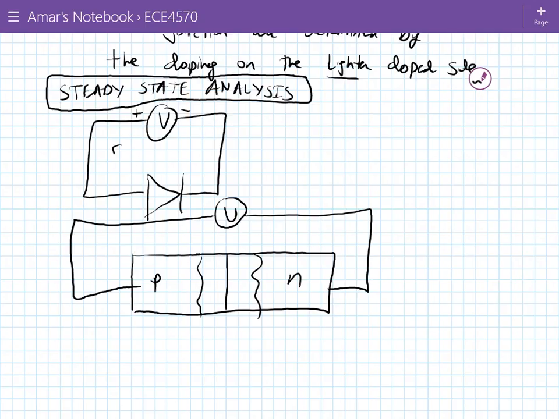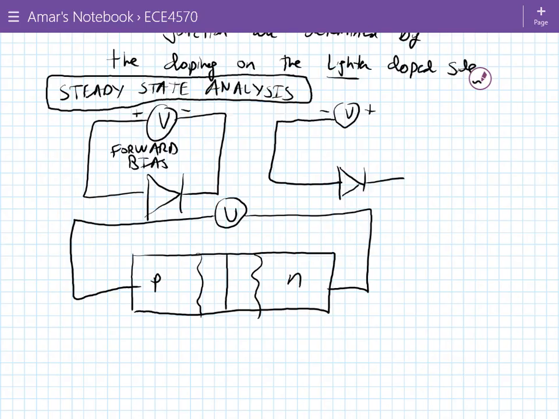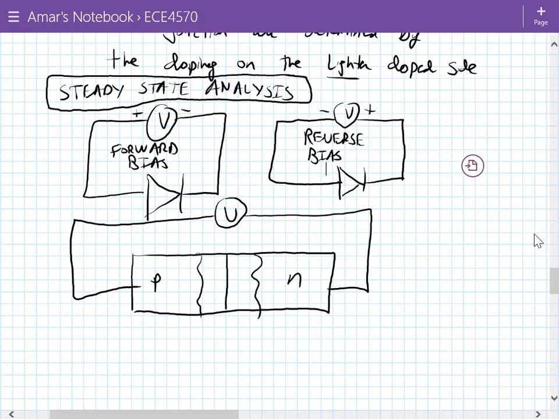This is referred to as forward bias. If we do the opposite, so if we apply a positive voltage to the N side of the diode, this is referred to as reverse bias. So we're going to study how the diode behaves under forward bias as well as under reverse bias.